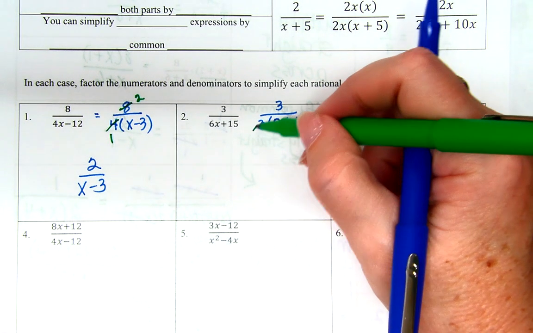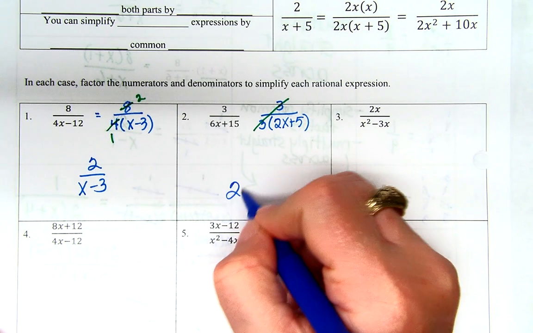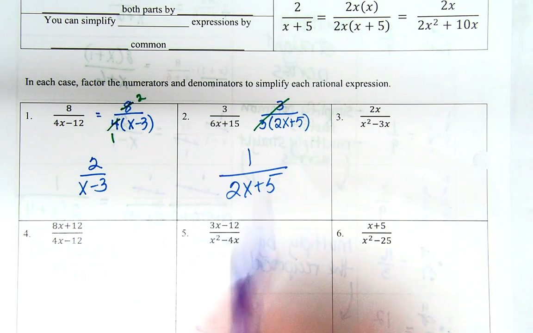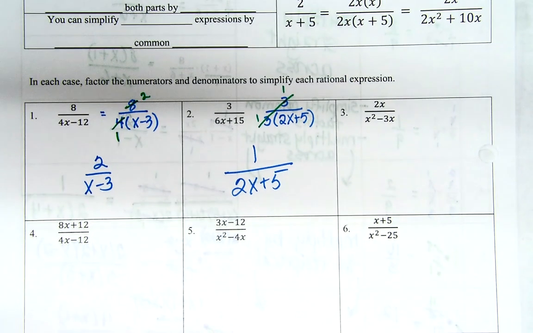The 3's? Please tell me what is the most popular incorrect answer to this question. 2x plus 5 is the most popular incorrect answer to this question. What is the correct answer to this question? Very good. 1 over. Because we have a 1 here and we have a 1 here, don't we?